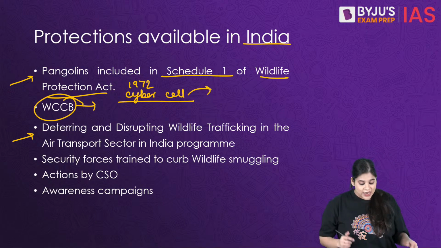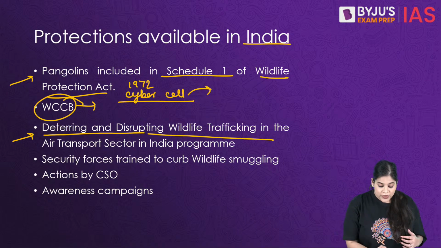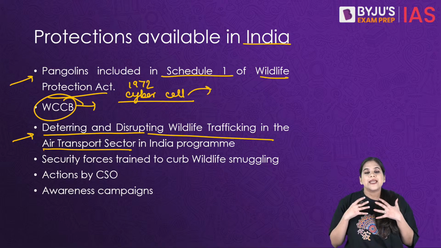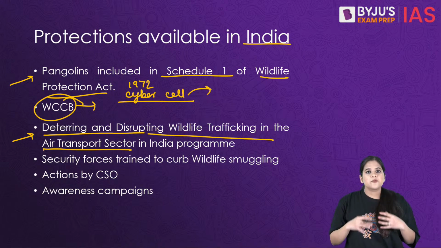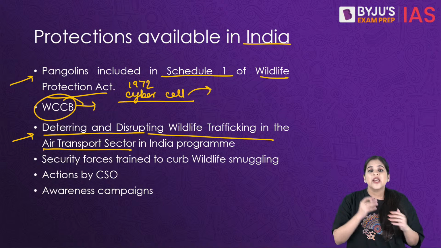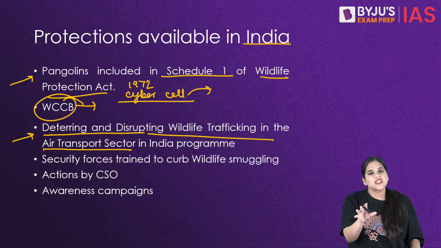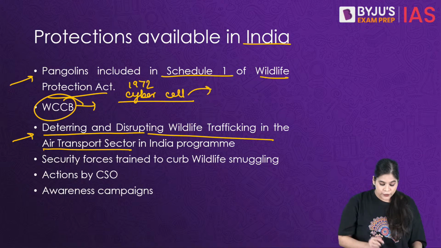Moreover, there is a program, Deterring and Disrupting Wildlife Trafficking in Air Transport Sector in India. Under this program, air transport personnel are trained to detect whether trafficking is taking place through the airports.